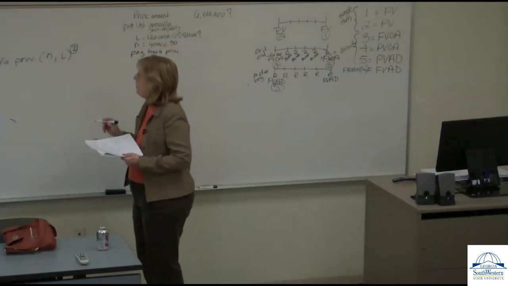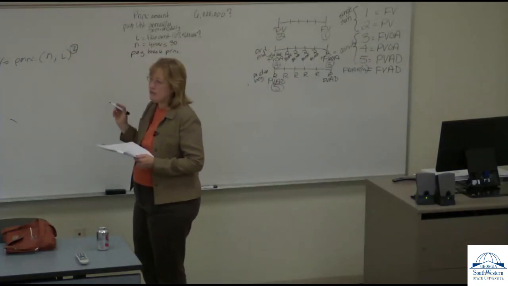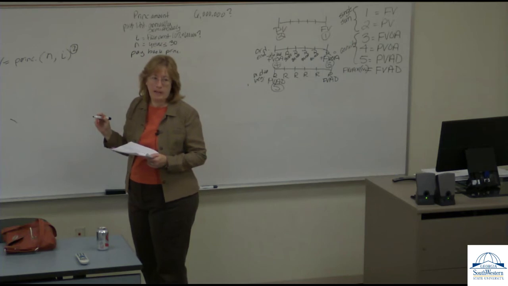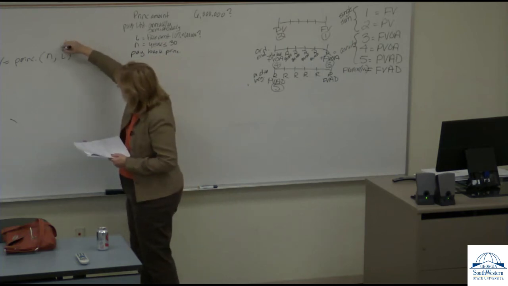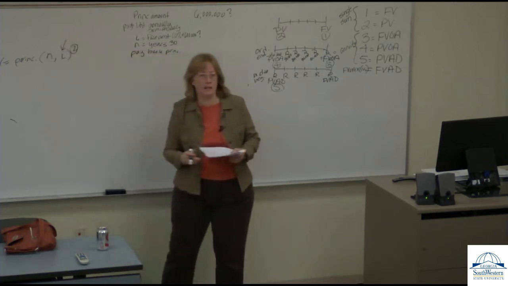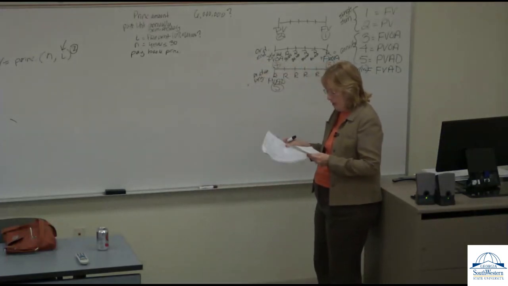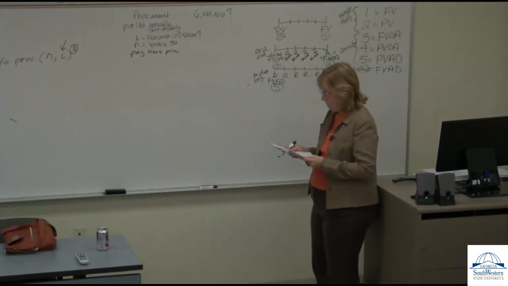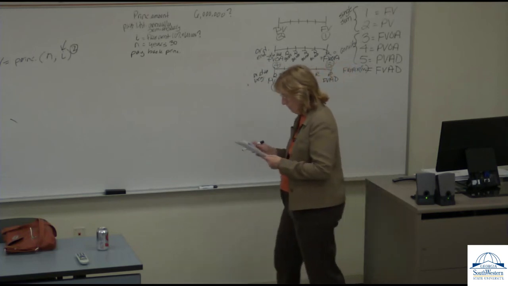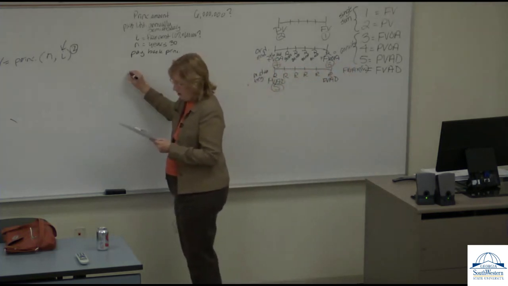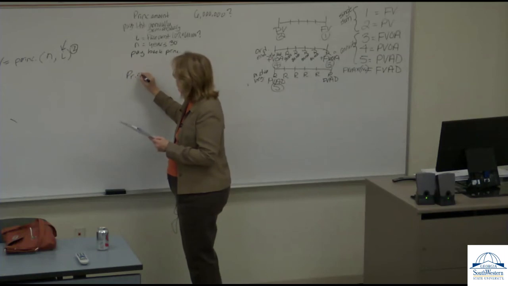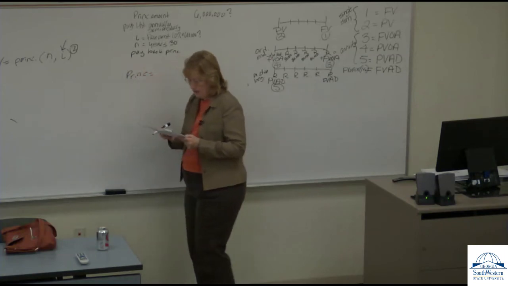right? Okay, but now there's a little twist here before we get ahead of ourselves. And the twist is this interest rate right here, okay? Because the problem told us, let's just write all these things down.